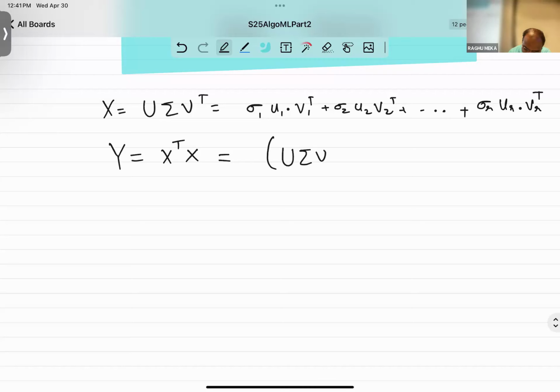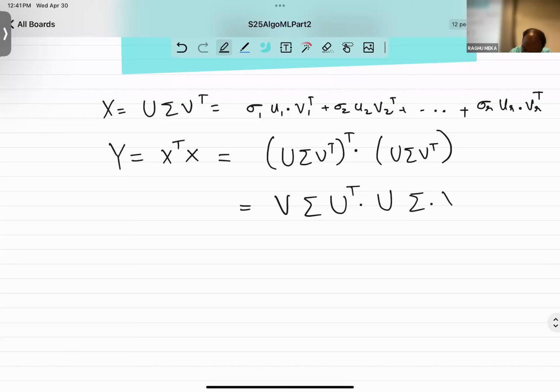This is U sigma V transpose, transposed, times U sigma V transpose. The transpose operation reverses things. So now I have the matrix V, the diagonal matrix sigma, U transpose U, sigma V transpose.